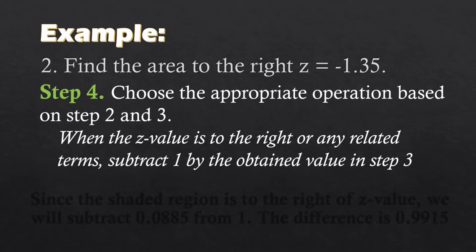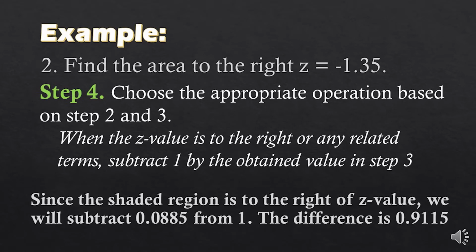We have a value of 0.0885 from the third step, from the table of areas. Since the shaded region is to the right, we subtract 0.0885 from 1. Their difference, 1 minus 0.0885, is equal to 0.9115.